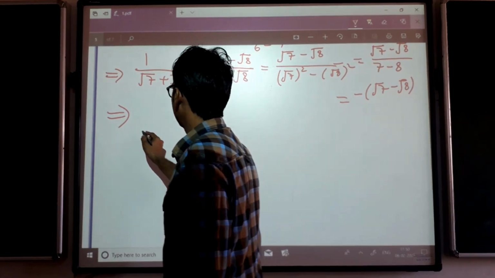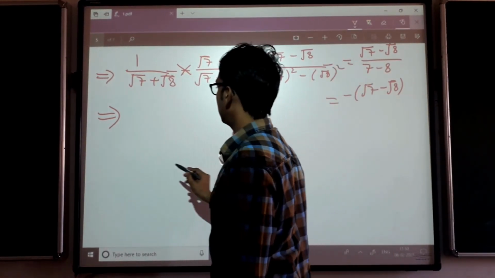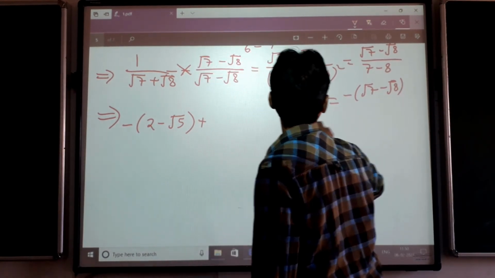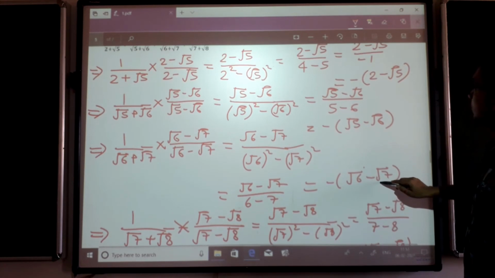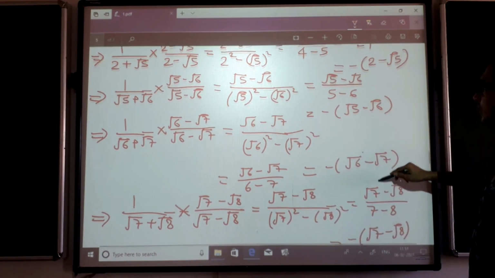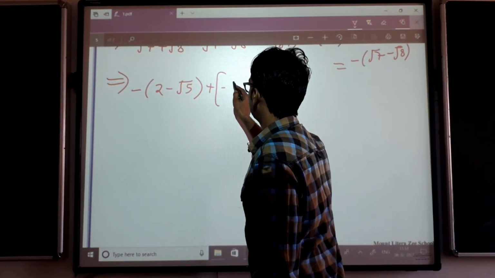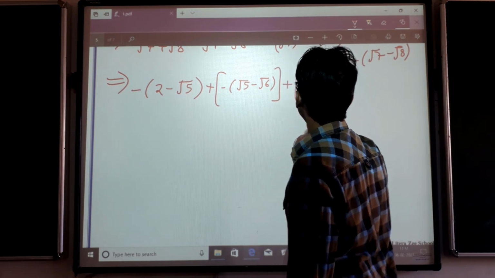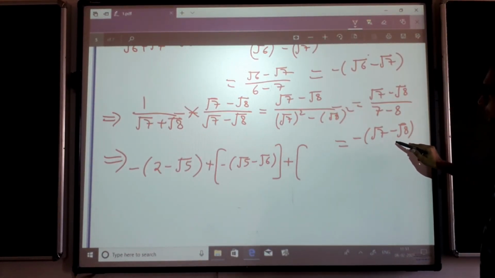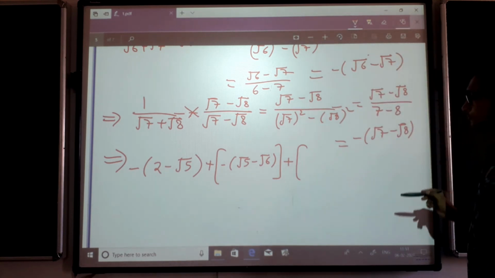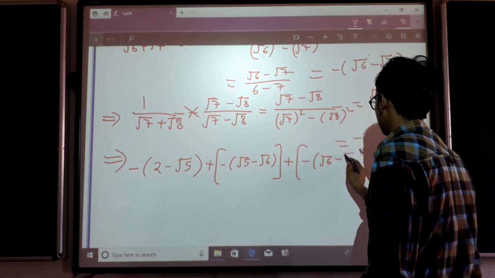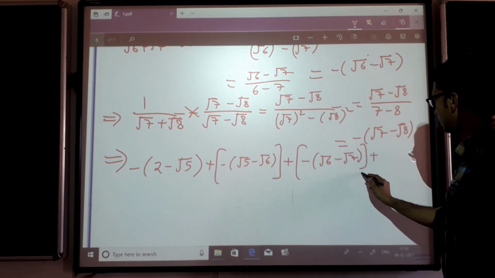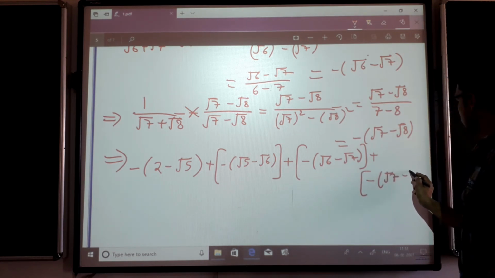So let's write here minus, then in a bracket 2 minus square root 5, then plus the second one, minus (root 5 minus root 6), then plus the third one, minus (root 6 minus root 7), and then the fourth one is plus minus (square root 7 minus square root 8).